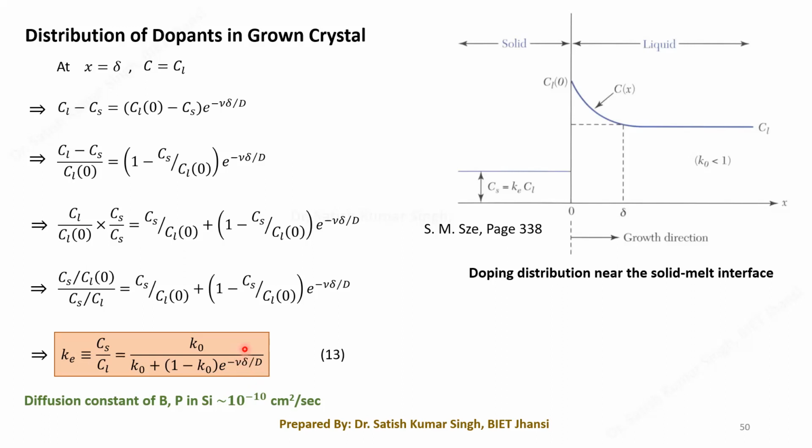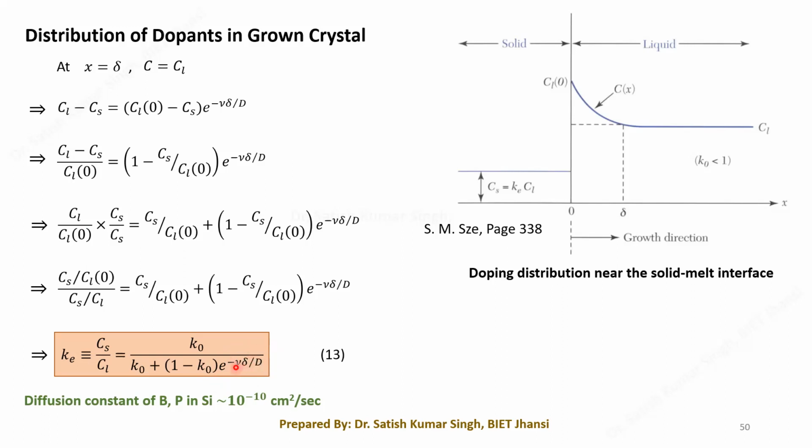So this is the basic takeaway. Because we want to reduce this exponential term, we have to increase the pulling rate and we have to increase the thickness of the stagnant layer. If these two factors increase, automatically this exponential term will decrease.